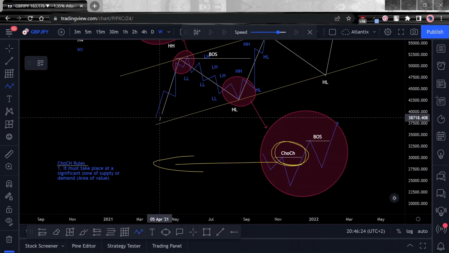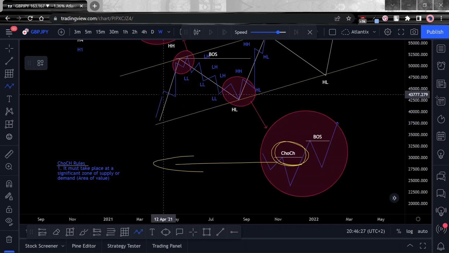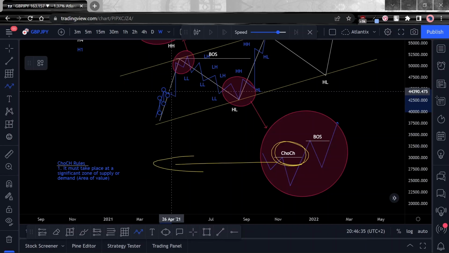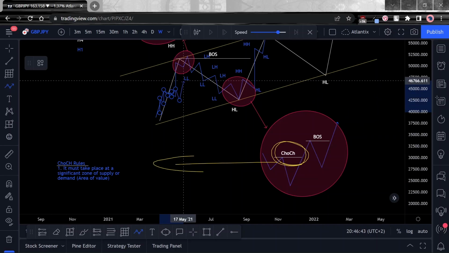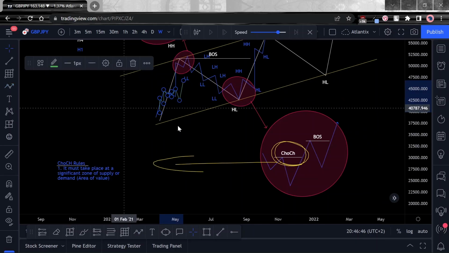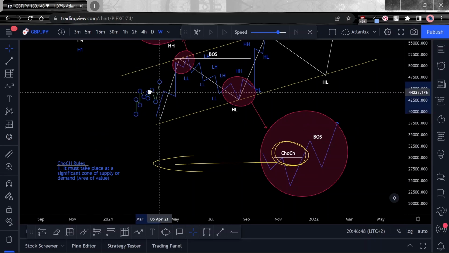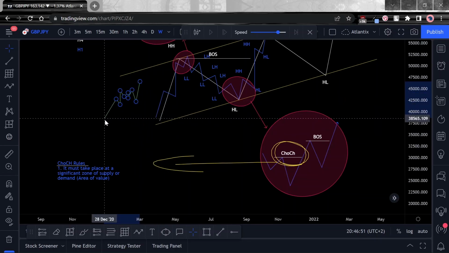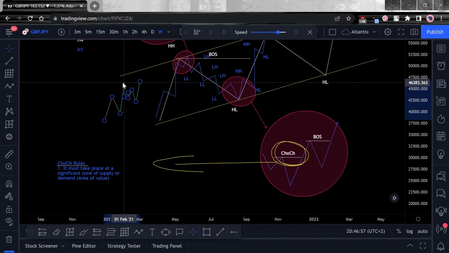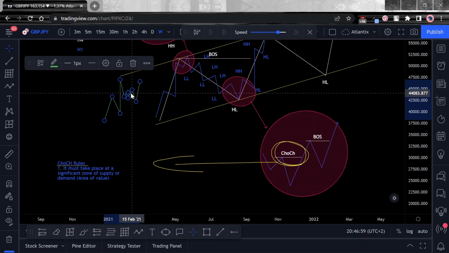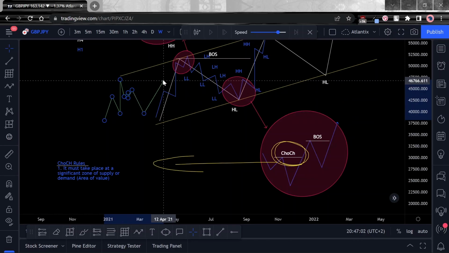So price is moving up, and when price gets here, we start to see that shift, and we may see price do this and then push up. Let's put that in green, right? Why is this significantly important to see?